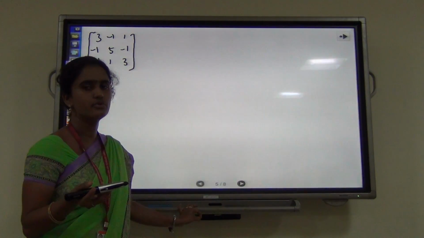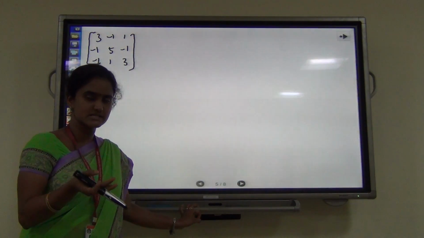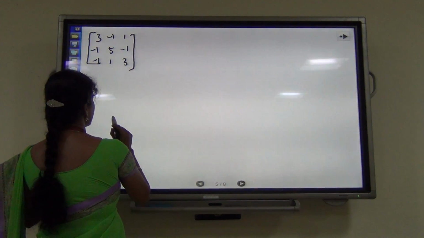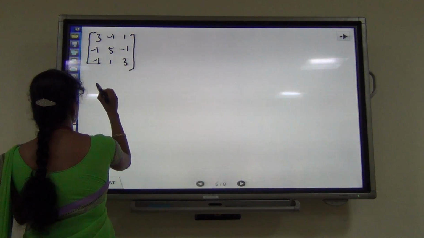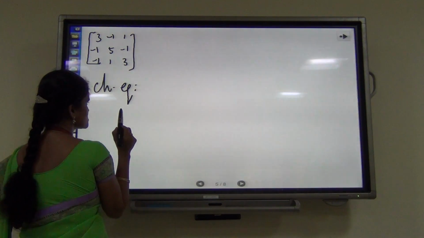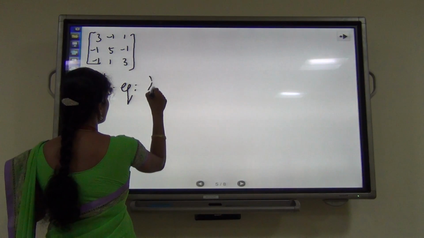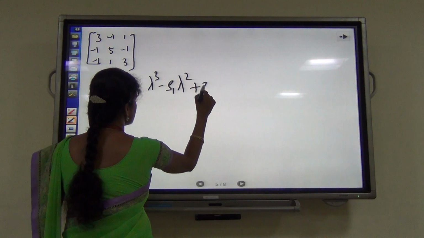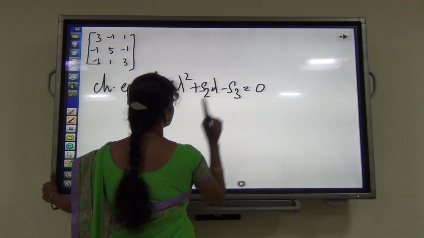Finding the eigenvalues and eigenvectors, finding the normalized model matrix and N transpose, and finally computing D. So let us find the eigenvalues. How do you find eigenvalues? Through the characteristic equation, which takes the form lambda cube minus S1 lambda square plus S2 lambda minus S3 is equal to 0.